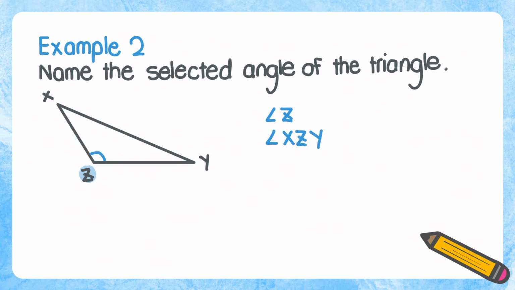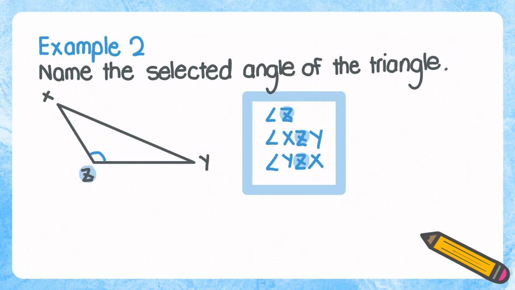Or we can go the other way, YZX. So another name is angle YZX. We have labeled the angle in 3 different ways.